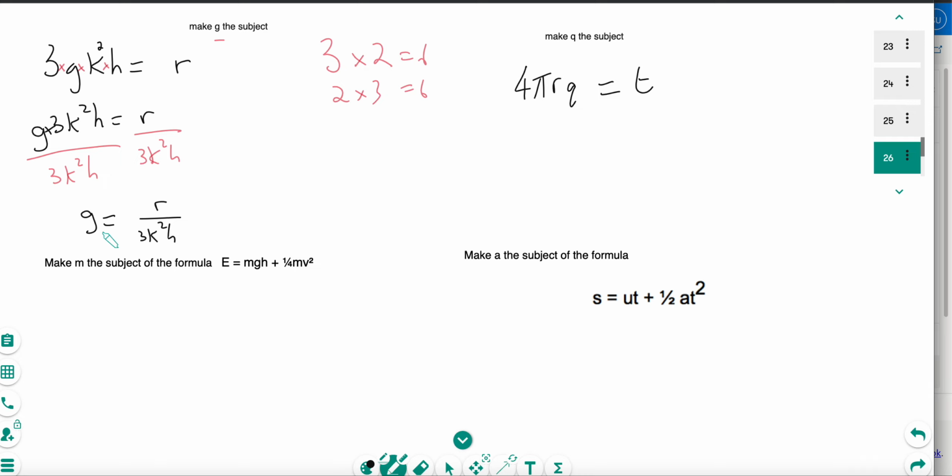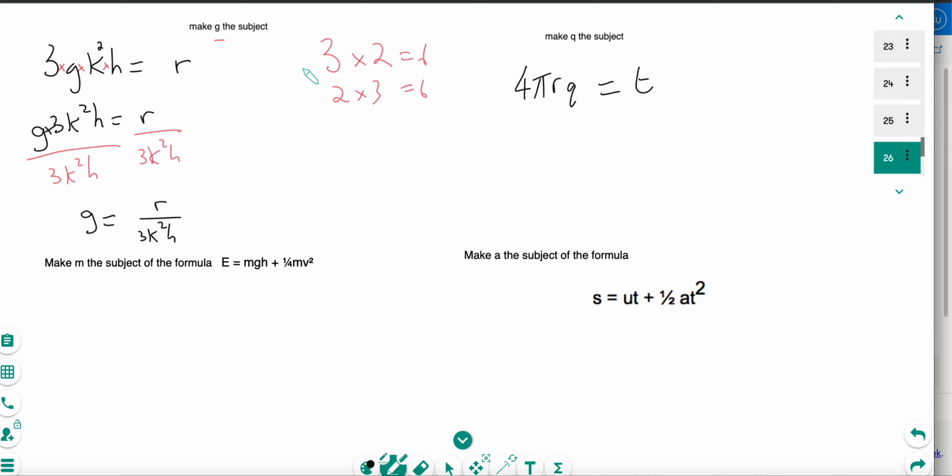Cool. Here, make m the subject. Okay. Well, here's the thing, guys. E is equal to mgh plus 1/4 mv squared. How can we do this? I want to get m by itself.